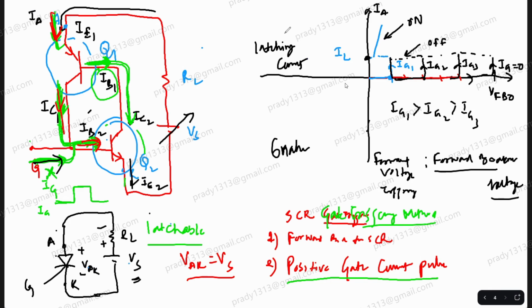It is the minimum anode current which must flow through the SCR in order to latch it or turn it on. So this minimum anode current, you have to cross it. Why is it there? This model is basically telling you why it is there, because you require some minimum base current here to latch the circuit or device.